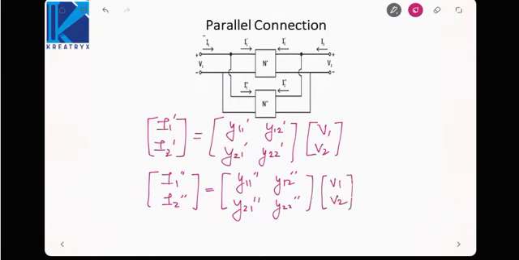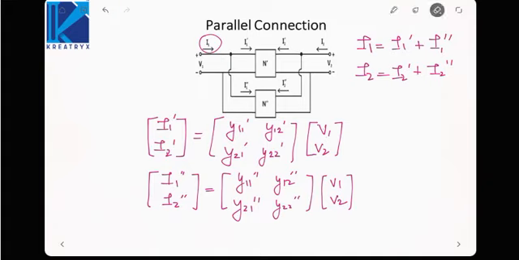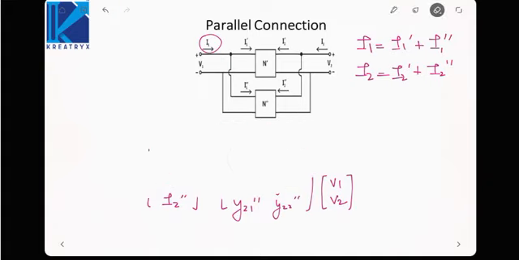Now by KCL I can say I1 is equal to I1 dash plus I1 double dash. Similarly, I2 is equal to I2 dash plus I2 double dash. That means if I add these two equations, their Y parameters will get added up.